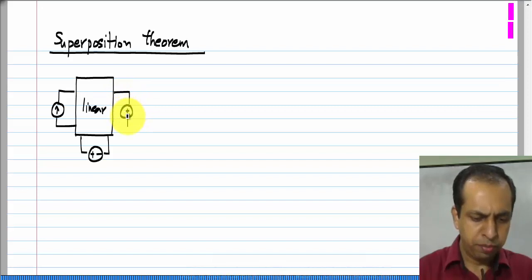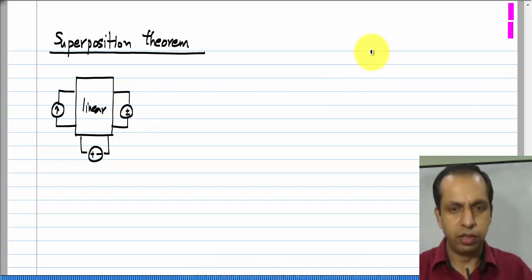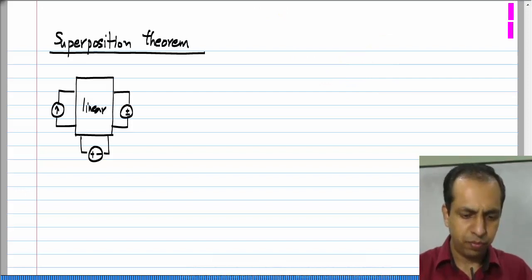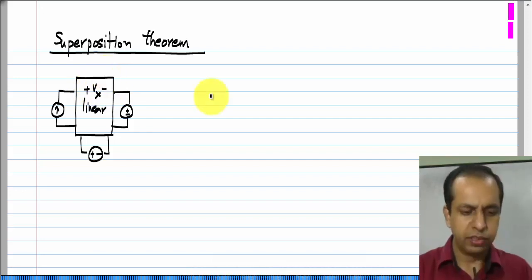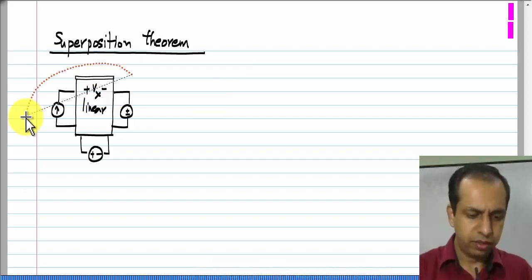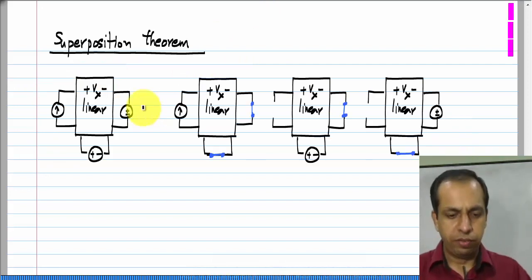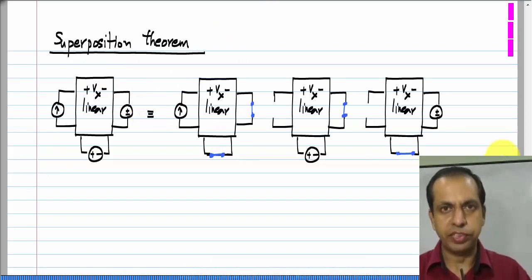Just for simplicity's sake, I will consider this. What I had said earlier was, let us say I have to measure V x somewhere in the circuit, then I will think of it as the sum of these 3 cases.